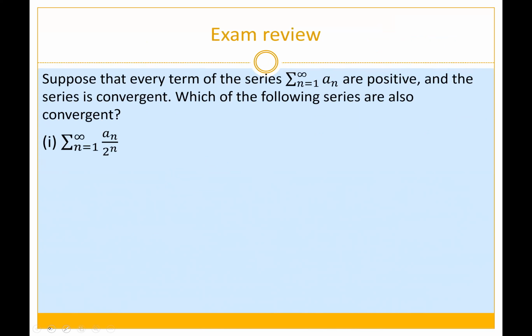Now, the next question: suppose that every term of this series is positive and the series is convergent. Which of the following series are also convergent? For the first one, the series of a_n is convergent, but every term is now divided by 2 to the n.